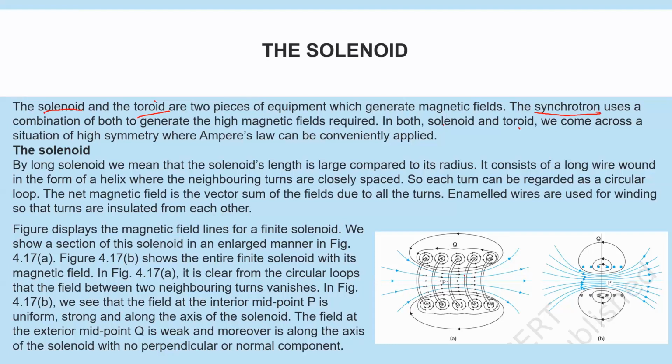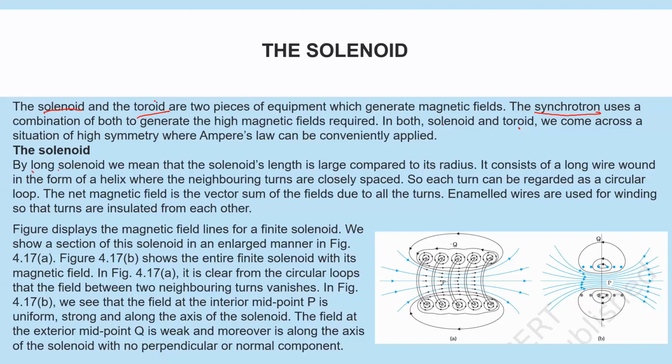You can see that only the exterior semicircular part is shown. And in the second one, if we consider a finite solenoid, we will see how these two differ. This is the magnetic field that is associated with a finite solenoid.